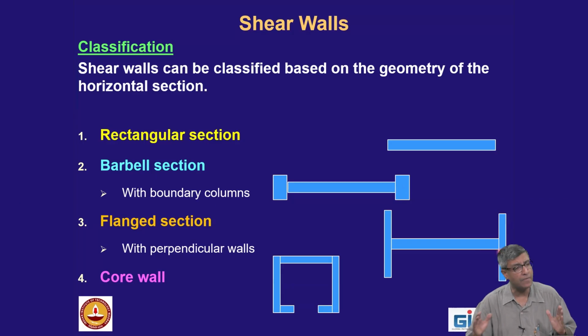If I have walls in the perpendicular direction, then I can take advantage of them as flange width of a certain effective length, and I can design my shear wall accordingly. And the core wall is like a box type. Again, you can do some more advanced analysis to take advantage that all these walls are together.